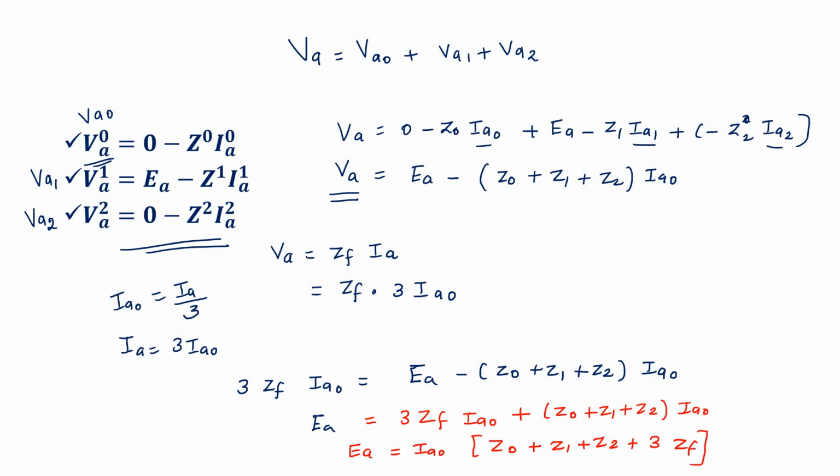From this equation, I am going to find out Ia0. So Ia0 equal to Ea divided by Z1 plus Z2 plus Z0 plus 3 into Zf.